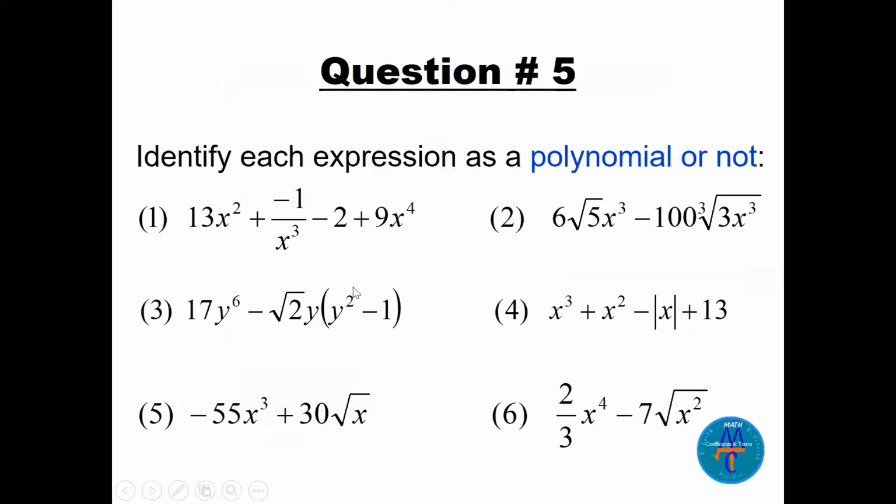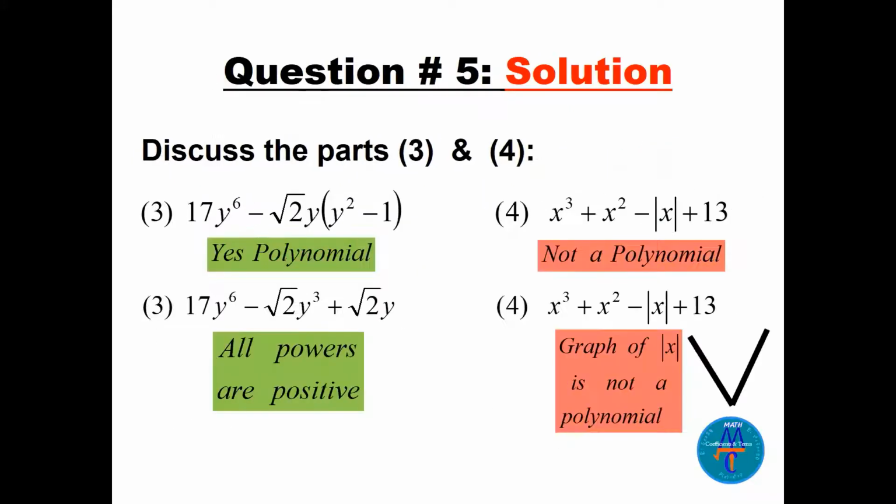You want to try 3 and 4? I'll go back now to question 5. Please try 3 and 4 and see if you can decide which one is a polynomial, which one is not. Let's see. This is a polynomial because when you multiply square root of 2 y, you add the powers: y cubed, square root of 2 y, power 1, power 3, power 6.